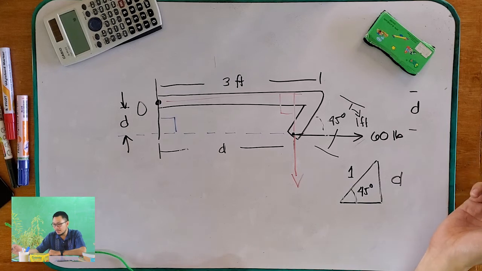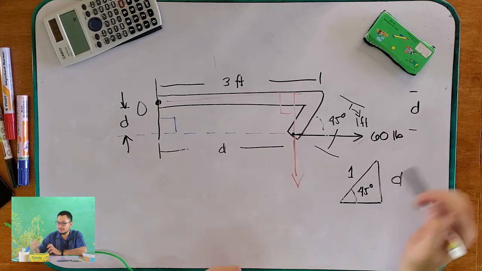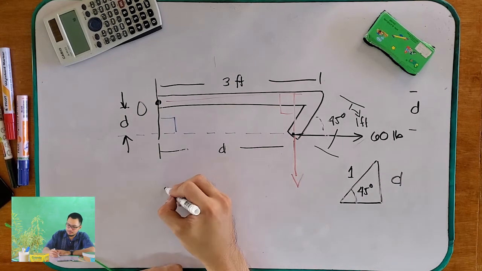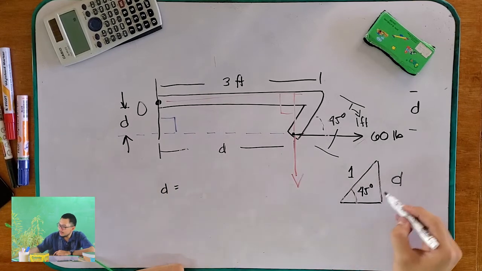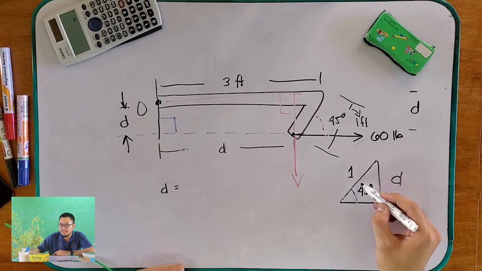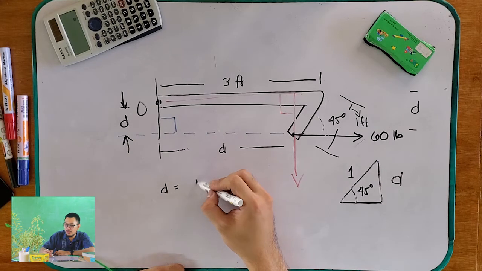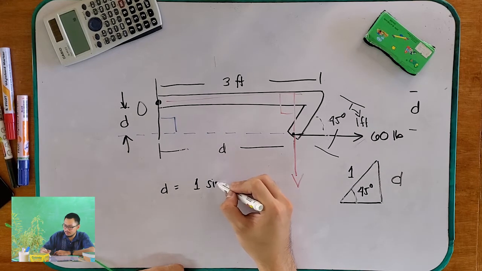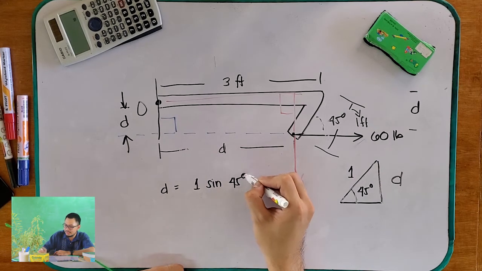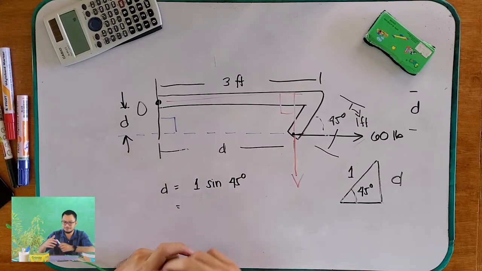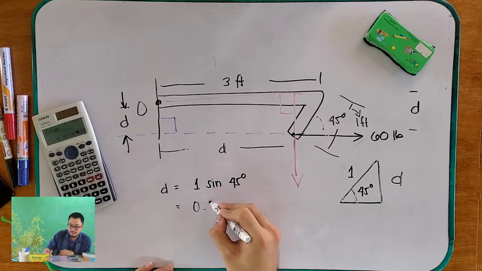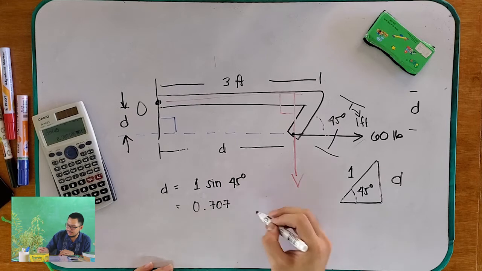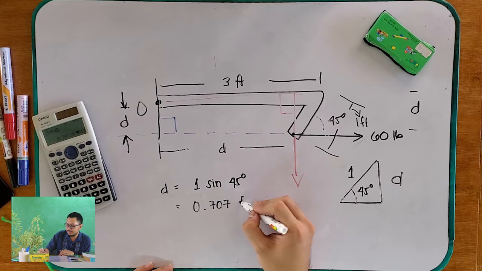Okay? So, to get our D, opposite over hypotenuse, that is sine. So, 1 sine of 45 degrees. And so, that is 0.707 feet.